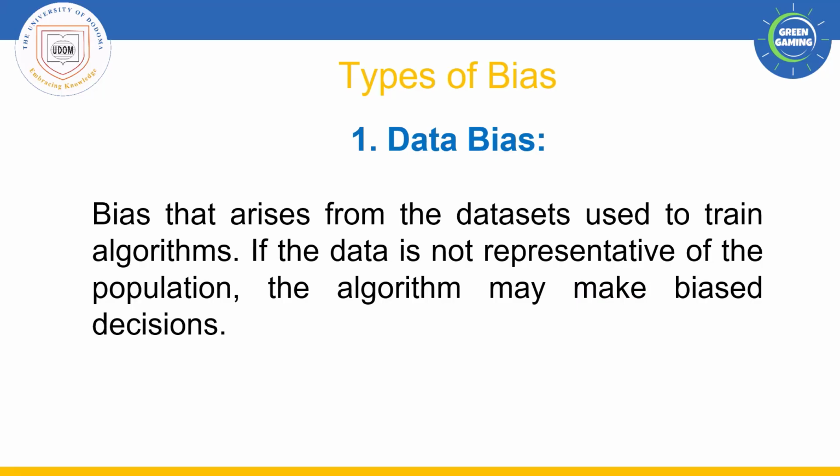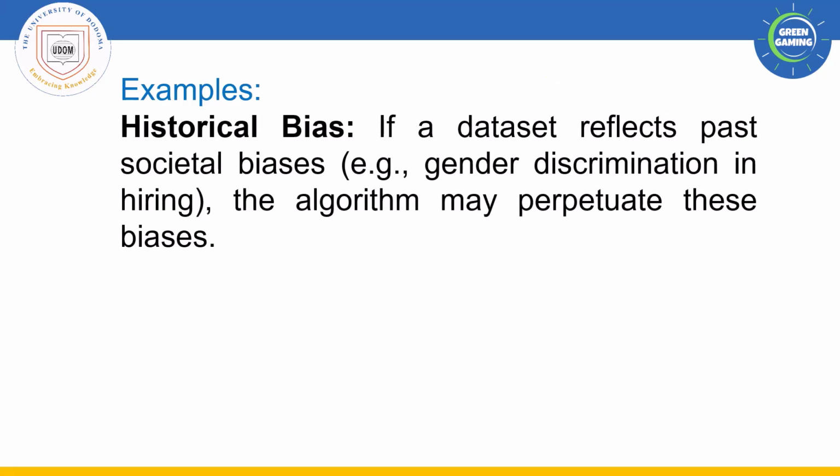If the data set isn't representative of the population, the algorithm may generate biased outcomes. For instance, we have historical bias, where a data set reflects past societal bias like gender discrimination in hiring. The algorithm will likely perpetuate this kind of bias.